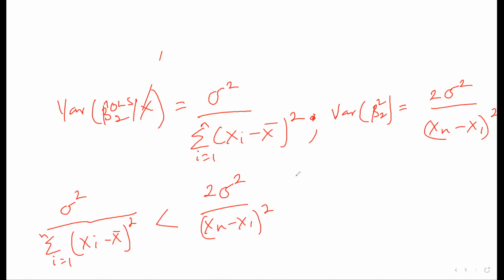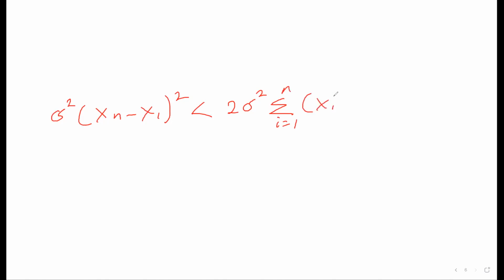So we're going to have sigma square times xn minus x1 square less than 2 sigma square summation i equals 1 to n of xi minus x bar all square.